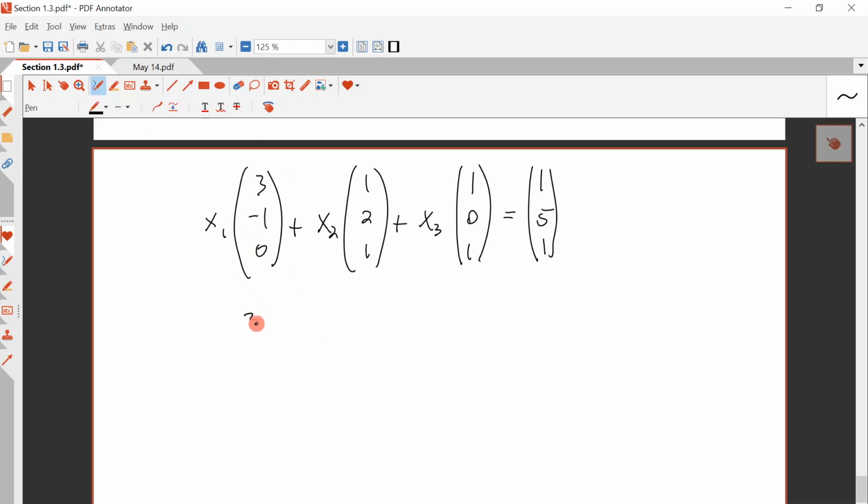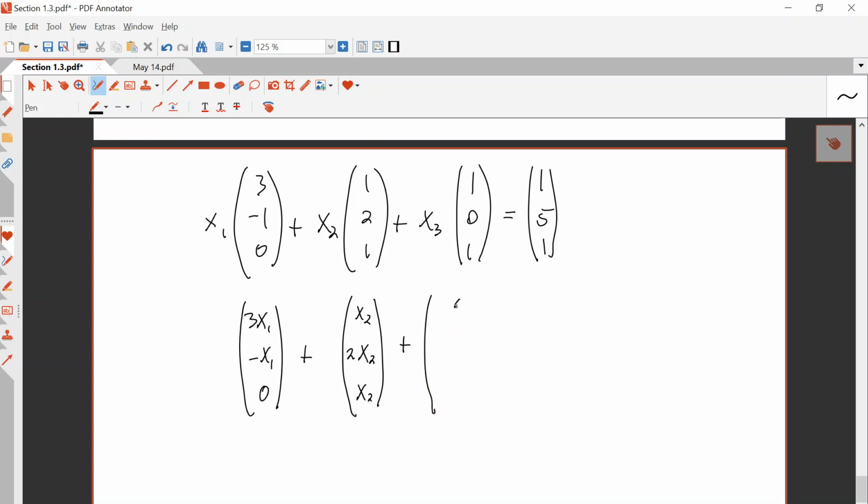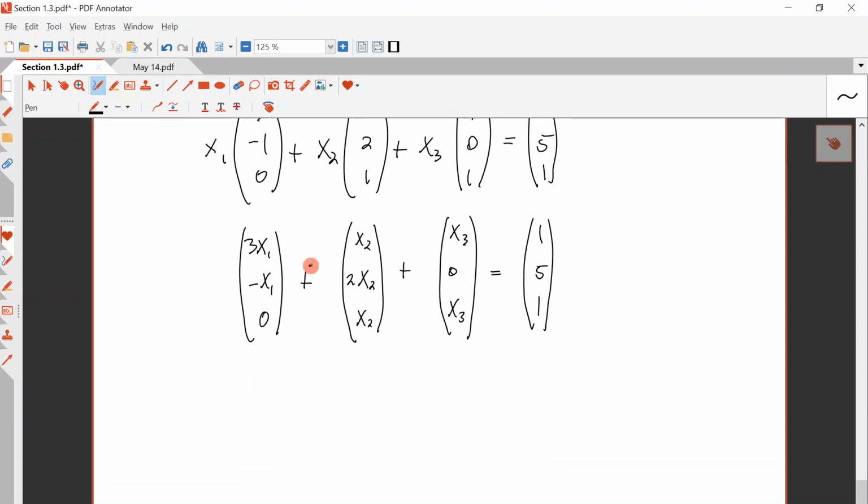So this is (3x1, -x1, 0) plus (x2, 2x2, x2) plus (x3, 0, x3) equal to (1, 5, 1). Again, we want to determine scalars x1, x2, and x3 such that this sum is equal to (1, 5, 1). Well, what is this sum?